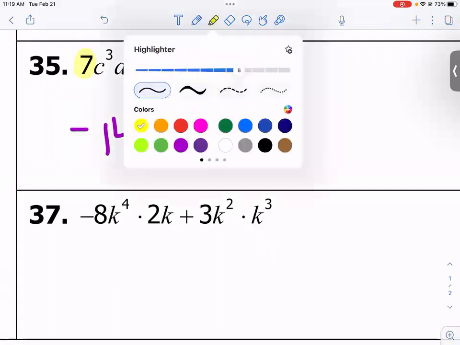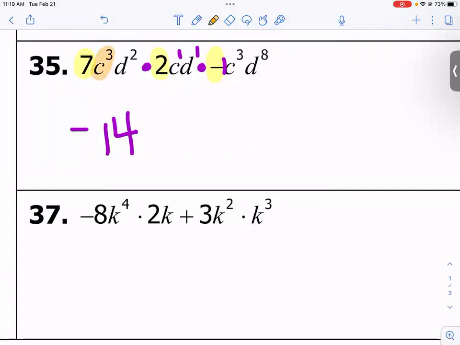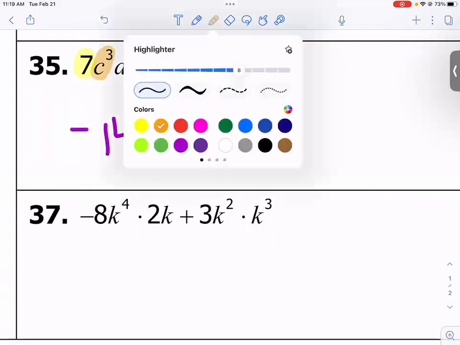Okay. Now, I have a c cubed times c to the first times c cubed. Okay. So we're just going to leave the c, but add the exponents. 3 plus 1 plus 3 is 7. Okay.